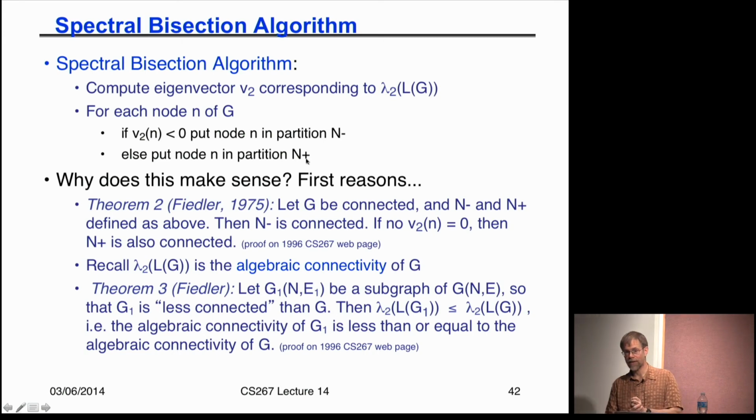So why is this a good idea beyond the intuition of the vibrating string? Here are some theorems, which I won't prove, that explain why. The first question: if I do this, at the very least I would hope that all of the vertices in n minus are connected to one another, that there's a path from every vertex here to somebody else, and similarly for that side.